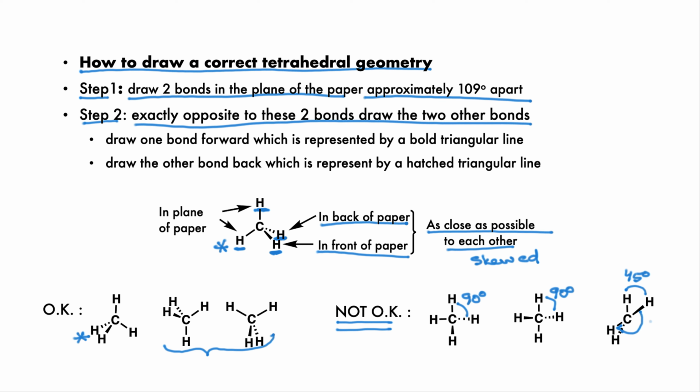It has this 45-degree angle here and a 180-degree angle here. Also, the hatched and bold lines are not next to each other. If you were to build models of any of these incorrect representations, you would see they are not tetrahedral. I recommend you stick to our method for drawing tetrahedral atoms.